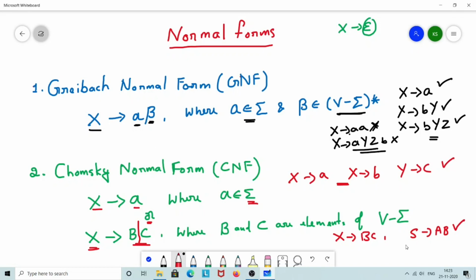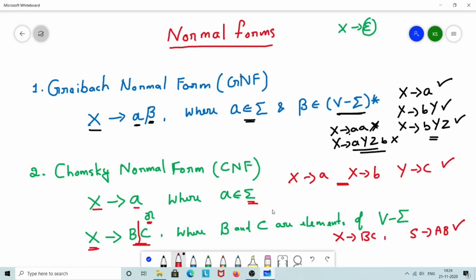Now what are the applications, or why is it useful to write a grammar in Chomsky normal form? One is that the parser can easily exploit efficient data structures for storing and manipulating binary trees, and of course the parse tree will be in the form of a binary tree. And it is very easy to conclude whether the given string belongs to the language or not.